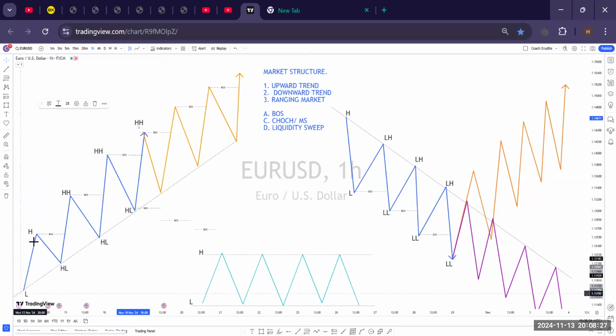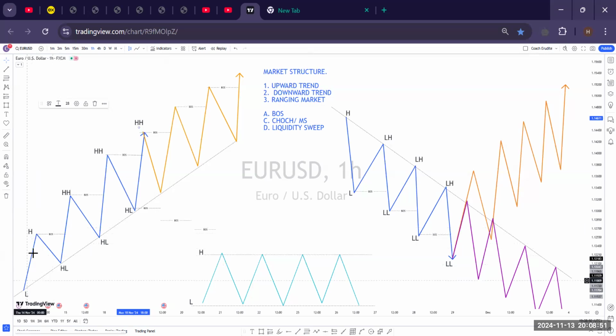We have the impulsive phase. You discover that when price is pushing high, price pushes high with a large momentum, and we have the correctional phase. Once price is retracing back, when price is pulling back, we can call it a pullback phase, a correctional phase, or a reversal phase.